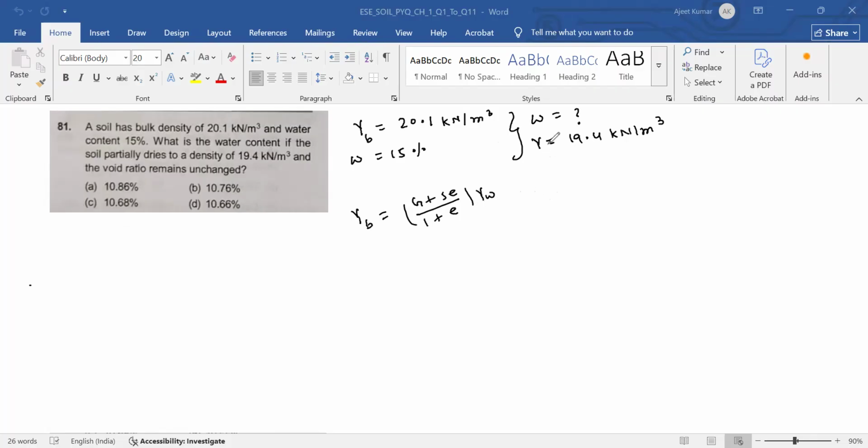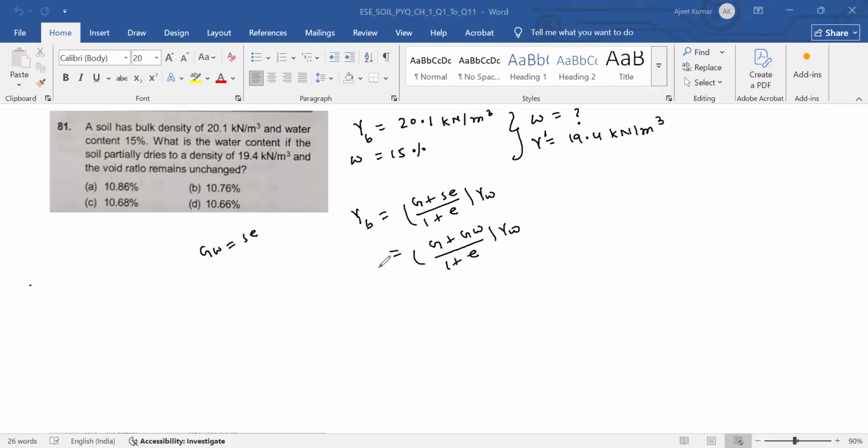In this case, let me take it as gamma prime. From the relation Gw is equal to Se, if we eliminate e, this is (G plus G into w) divided by (1 plus e) into gamma w.